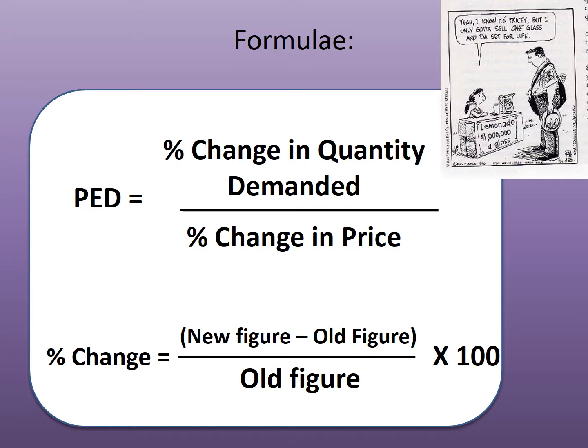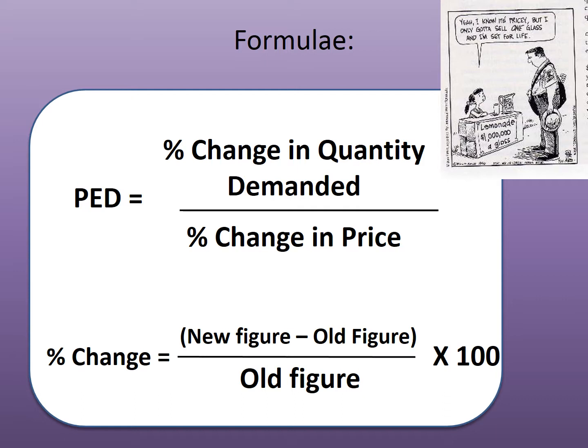And the way that we work out percentage change, and this is across the board, it's not just for PED, it's for any kind of percentage change, is new figure minus old figure, divided by old figure, times 100. So if you were looking at market growth or market share or anything like that, then you would look at, say, 2018's market share figure. You would take away 2017's market share, and there you've got the difference between the two.